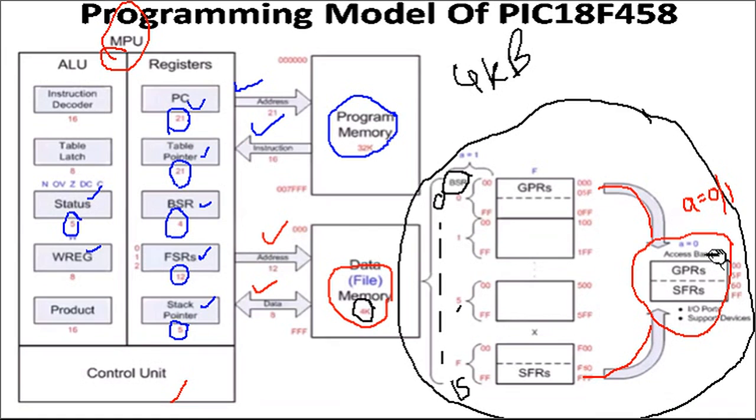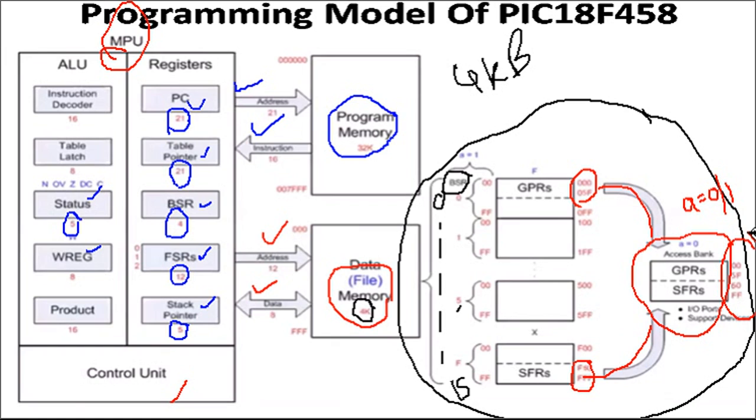In the Access Bank, bank 0 has addresses from 00 to 5F. You can see here, these are the addresses 00 to 5F. And bank 15 has the addresses from 60 to FF. The same addresses are put over here.